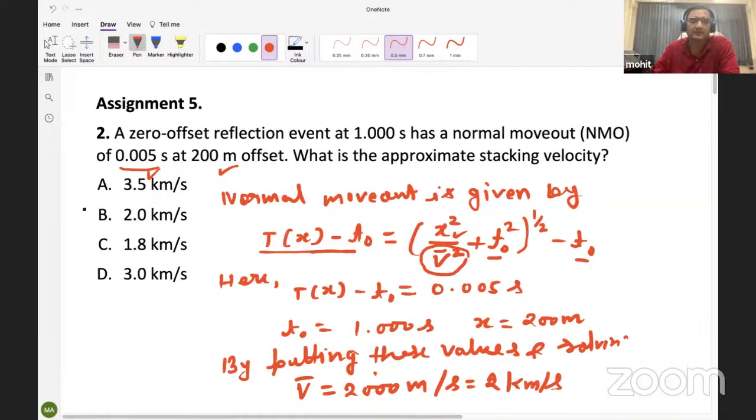So if you look at our options, option number B should be correct, that is 2 kilometer per second.